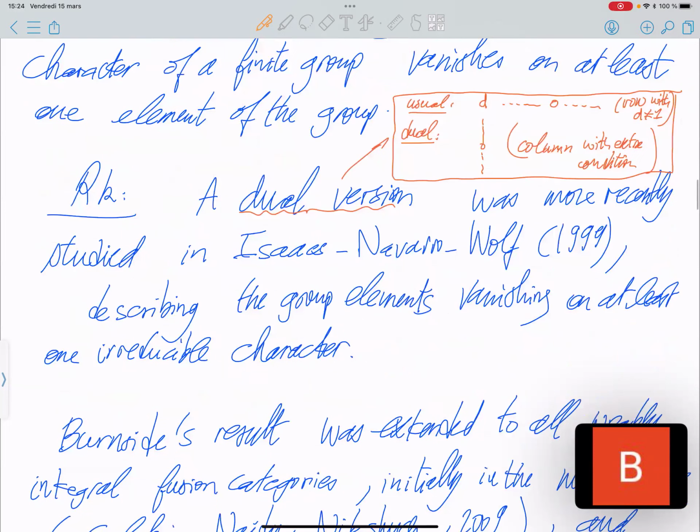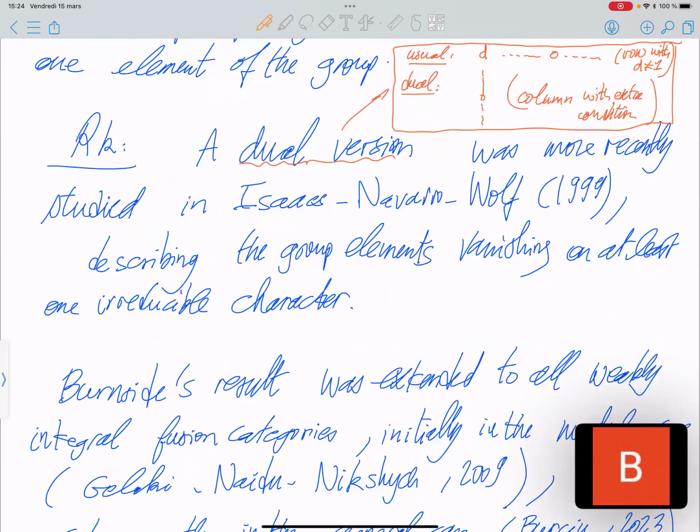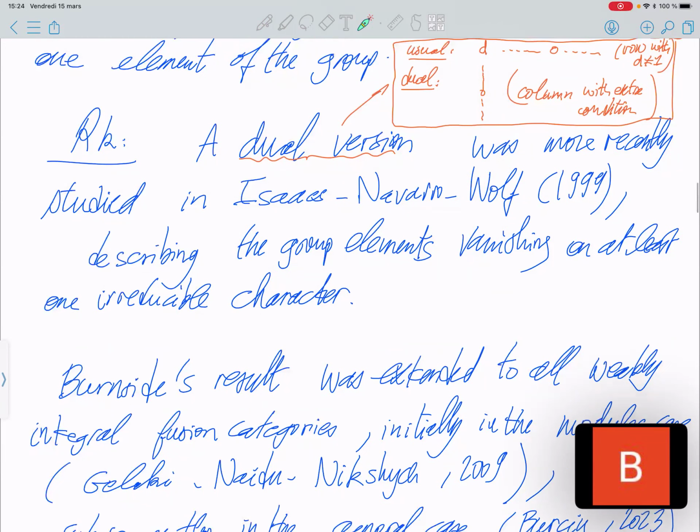People try to generalize, to dualize that by considering the column instead of row, but you need to characterize generalization of degree different from 1.